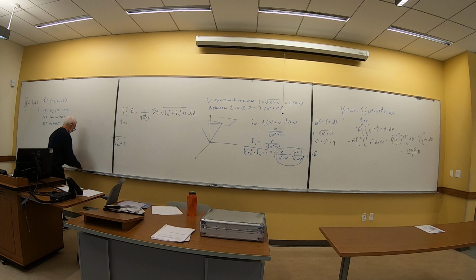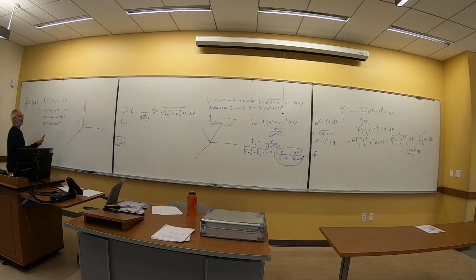So it's not a complicated thing to consider. Might not be a bad idea to draw it. You never have to draw it, but a lot of times it makes it much simpler to interpret. So I'm going 6 in the x direction, 3 in the y direction, and 24 in the z direction. So it's this surface right here.